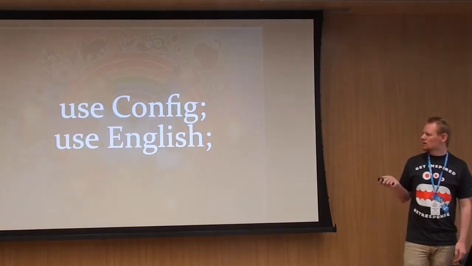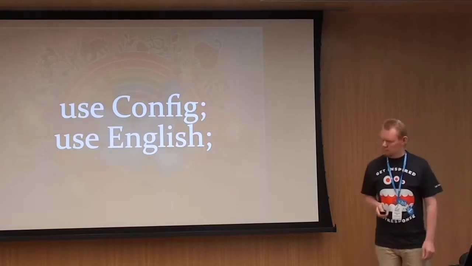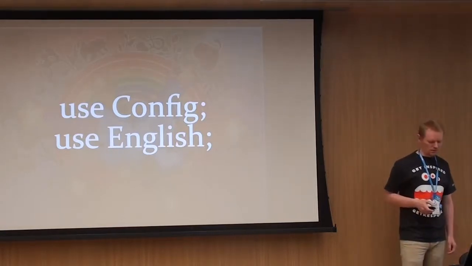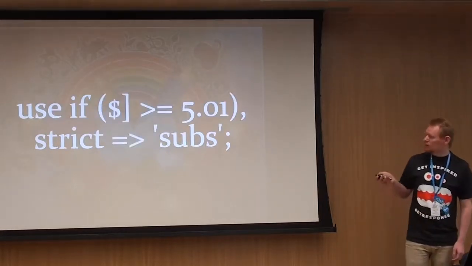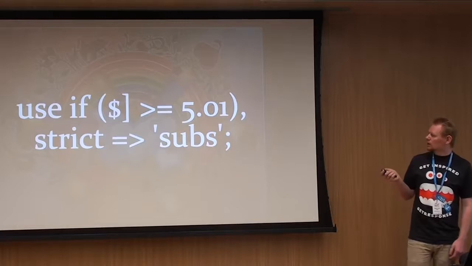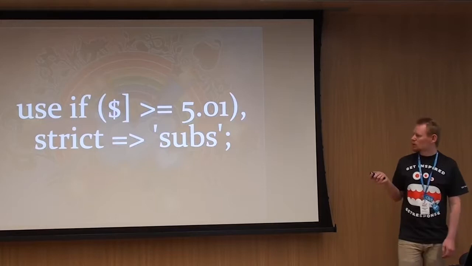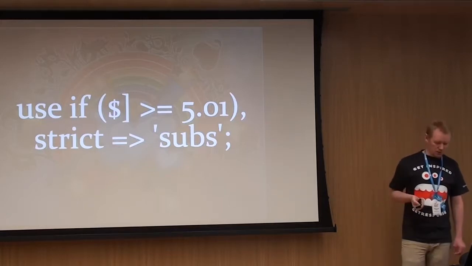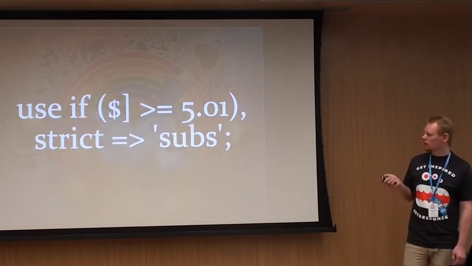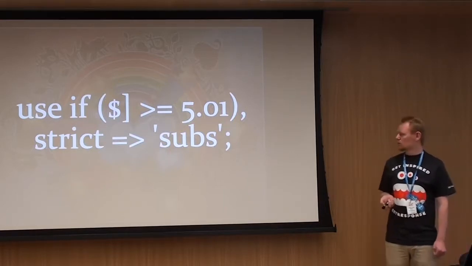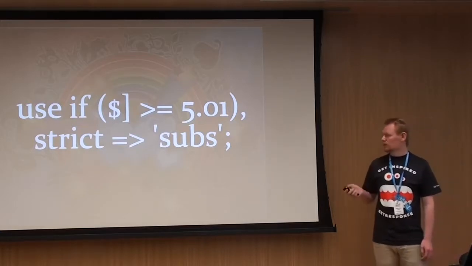So you get some default values for a 64-bit system. We also have use if, the pragma if, which allows you to conditionally use a module or pragma like strict, depending on information that is there during BEGIN time, compile time, like here. So you can use something that should only be done when Perl has a certain version.